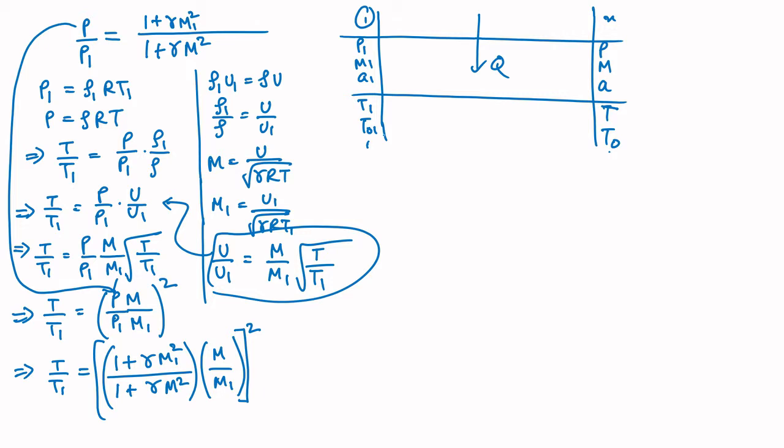That is what we would like to find. Just as you find how T and T1 are related, if the Mach number is M here and M1 here, then T and T1 must be related in this manner. Of course, the change from T1 to T has been inflicted by some external agent, which can be heat addition or rejection, as the case may be.